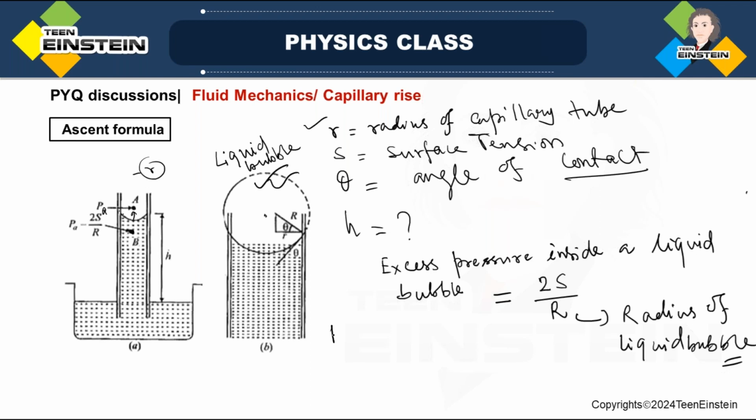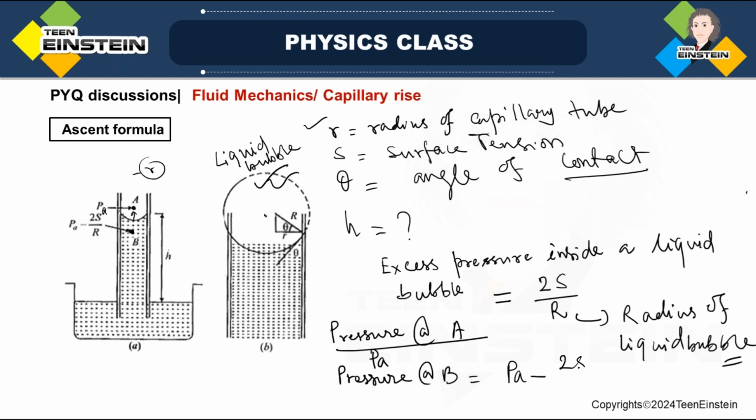The pressure at B will be PA minus this excess pressure. If the total pressure is PA, then it will be PA minus the excess pressure 2S by R.